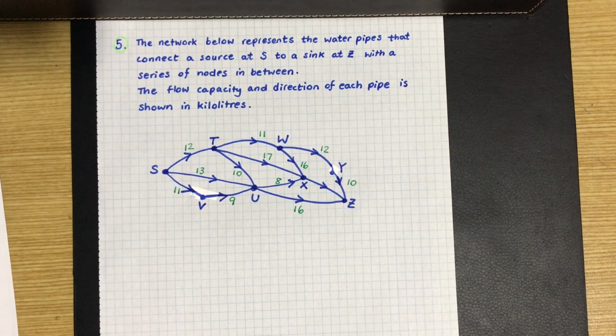Now, to find the maximum flow, we don't need to test all minimum cuts to find the maximum flow. Max flow minimum cut theorem is the key idea here. In any flow network, the maximum amount of flow from the start, the source, to the sink, the finish, is equal to the capacity of the minimum cut.